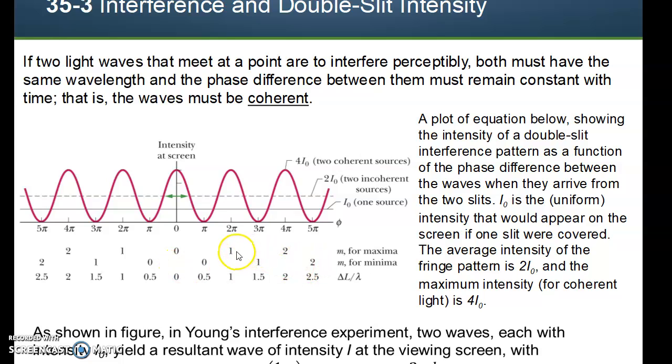Now for the minimum, you can see you have one here just at pi, one at 3 pi, one at 5 pi. And here you have 0, 1, and 2. And so the minimums are at the 0 and the odd different ones. The maximum are at these other ones right here.